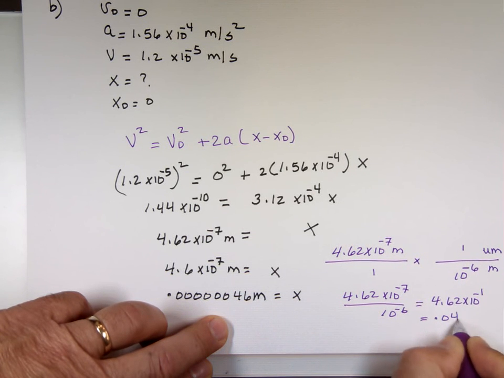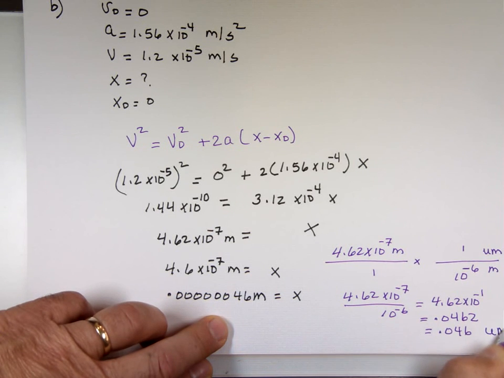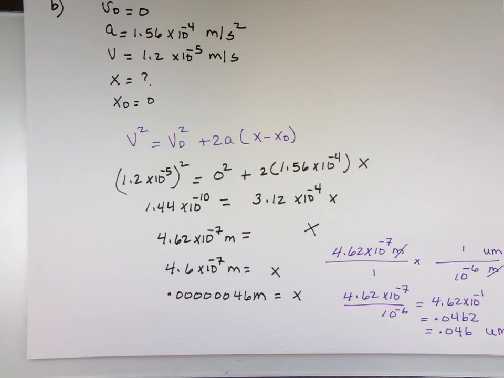Which is 0.0462. They want two significant digits, 0.046 micrometers. That's not right, it should be 0.462. Did I move the decimal point two places? Yeah, I moved it one extra place.